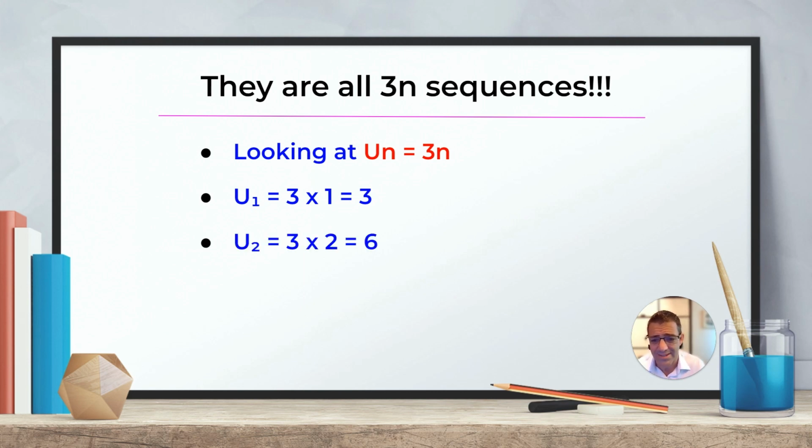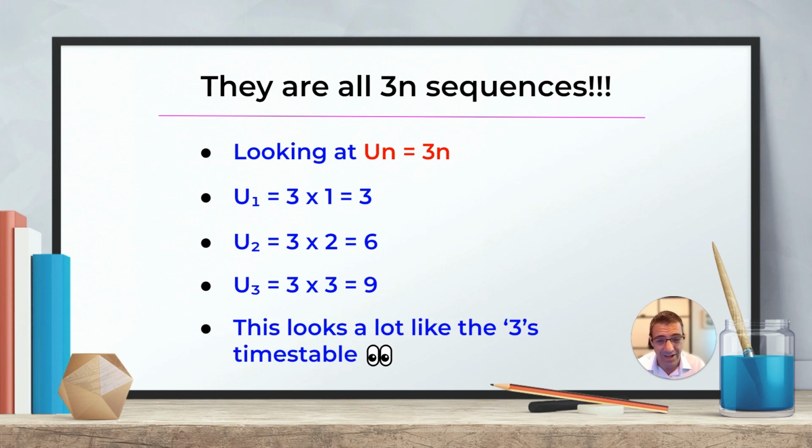The second term in the sequence will be u2, which is 3 times 2, which is 6. And the third term will be 3 times 3, which is 9. 3, 6, 9, 12, 15, 18. This looks a lot like the 3's times tables. That's because it is. So a 3n sequence is essentially the 3's times tables.